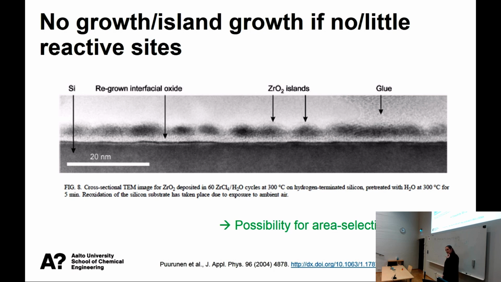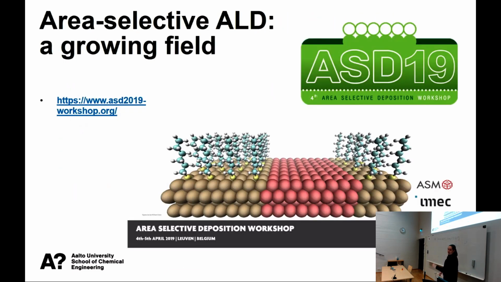But you can also turn this around. If you only have a few reactive sites, you only grow in those places. Area-selective ALD is the counterpart of this, and that's something that is really growing a lot now. I do think that in ALD there are lots and lots of opportunities in this that haven't yet been fully exploited.